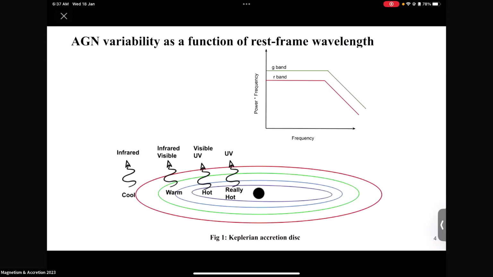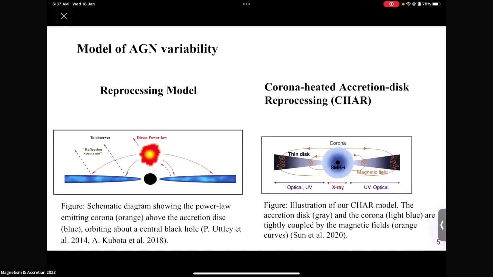So if we plot the power spectral density for two different wavelengths, as shown at the top, we expect a higher normalization for the G band as compared to the R band.